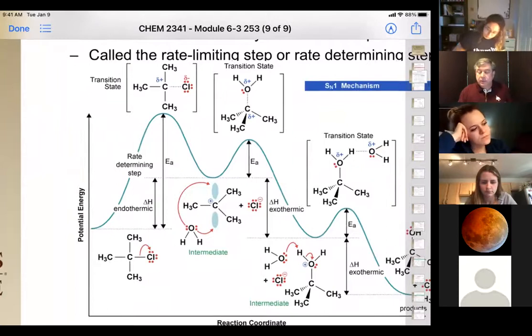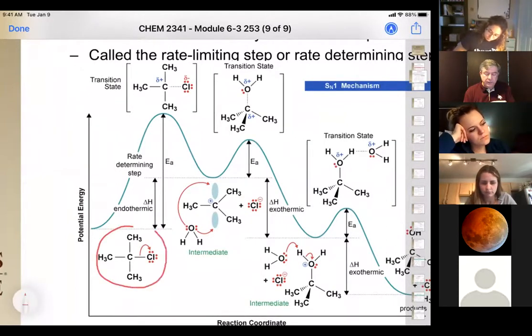So in this case here, we're looking at a tertiary chloride here. Why tertiary? Well, we're making a carbocation, and what we learned was that the most stable carbocations are tertiary carbocations. So it'll be the easiest carbocation to form if we already have a tertiary species.